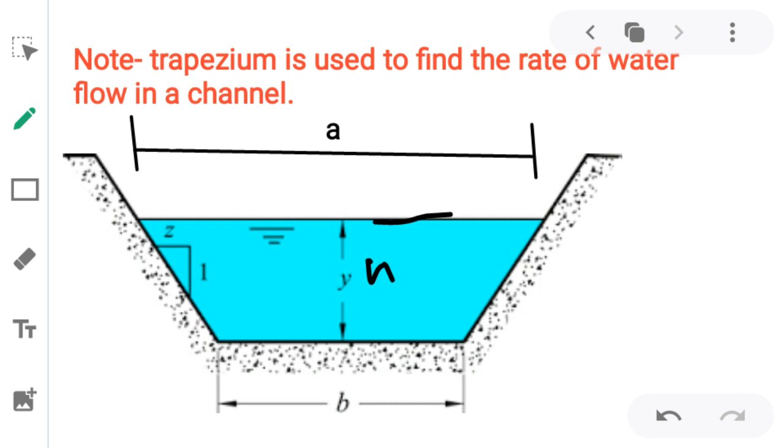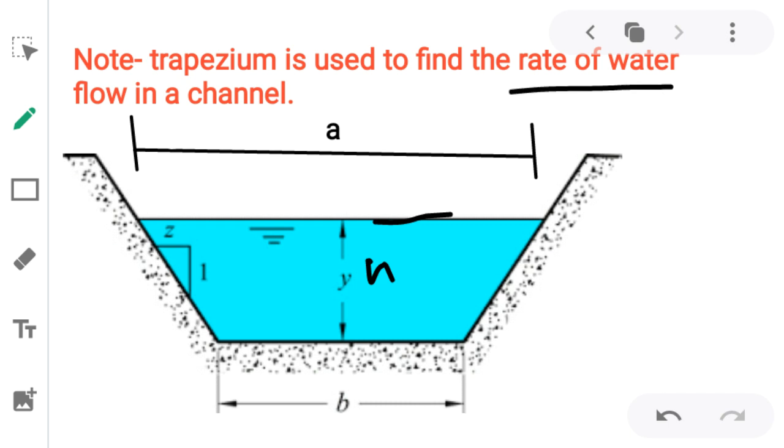You can find the area of this channel at a particular point, the cross-sectional area of the channel. If we multiply the cross-sectional area into the length of the channel, you may calculate the volume of water stored in the channel. Or by taking the time of water flow at this cross-section point, you may find the rate of water flow in the channel.